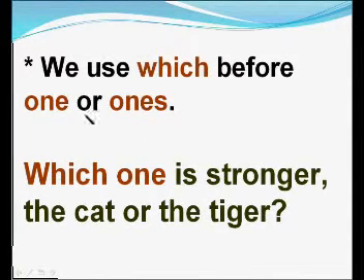We use which before one or ones. So if we have the word one or the word ones, we can use which. An example, which one is stronger, the cat or the tiger?